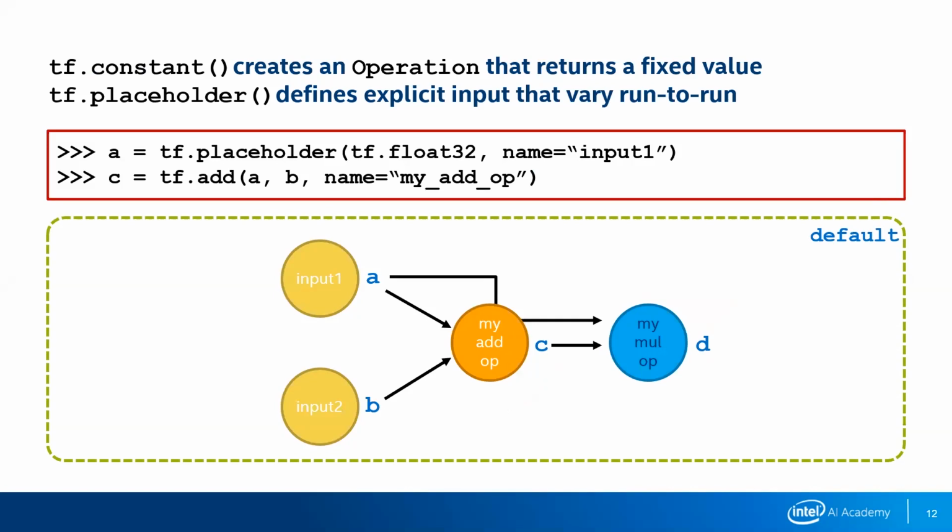You ideally want to feed in dynamic input, because you're training or running your model on, let's say, different data sets at different points in time, so you don't want to have a constant. So TensorFlow has this very interesting aspect called TensorFlow placeholders, right? What you are essentially indicating to TensorFlow is, hey, I am creating a placeholder of type float32, and I'm giving it the name input 1.